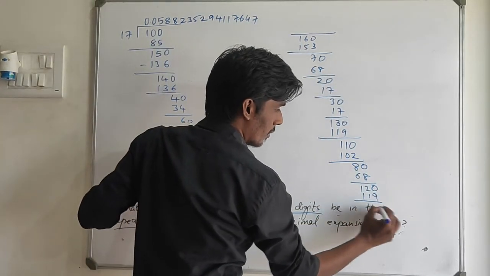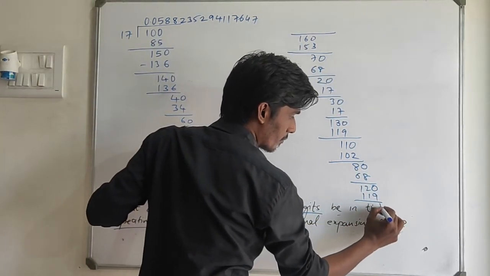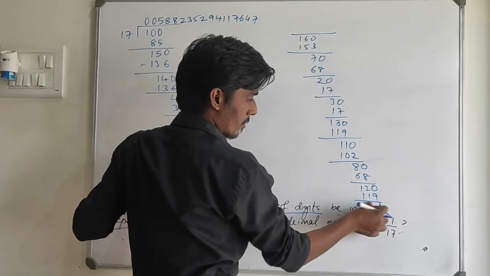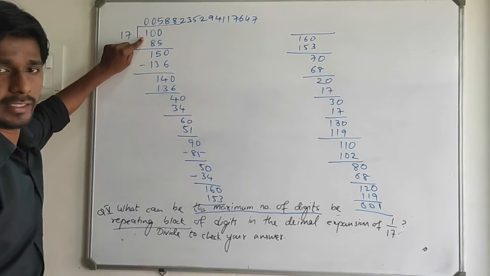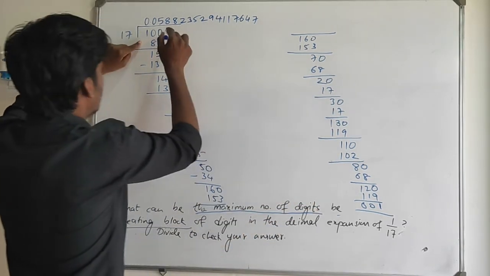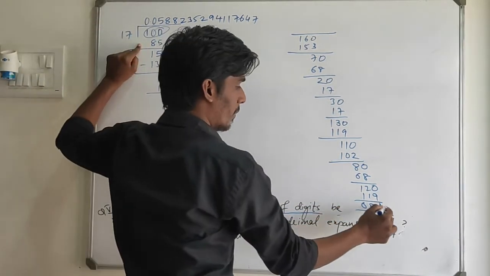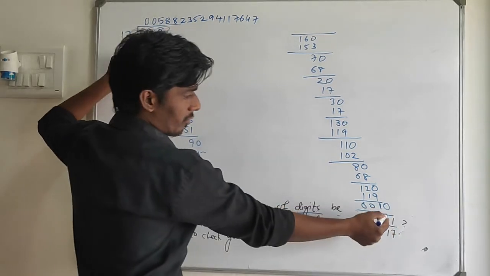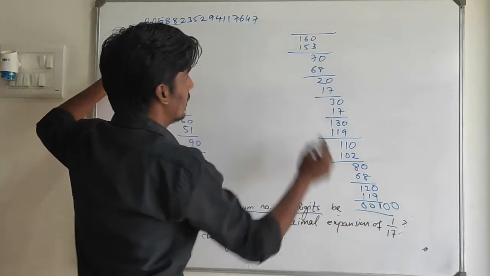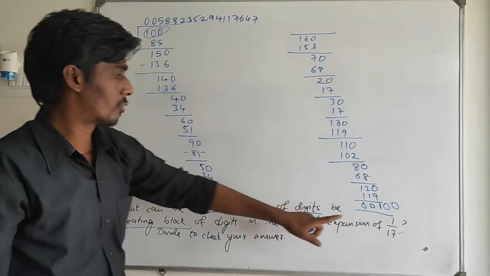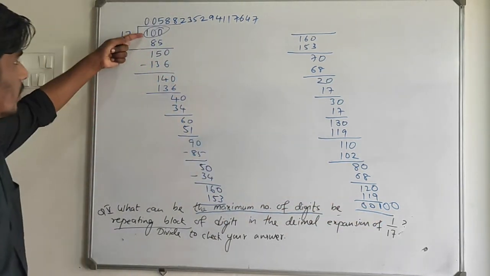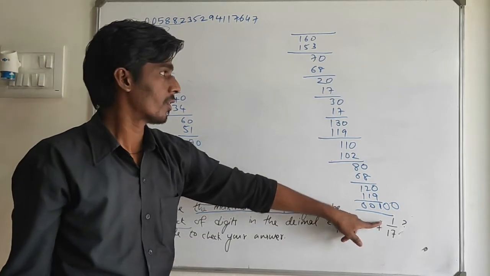How much remainder do I get now? 1. We started with 1 only, then again it moves to the same number. 1 is not divisible, I have to take one more 0. 10 is not divisible, again I take one more 0. So we got the remainder same as we started with, 1.